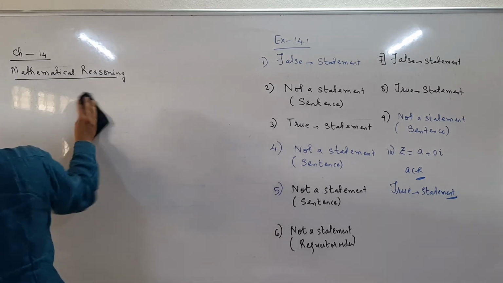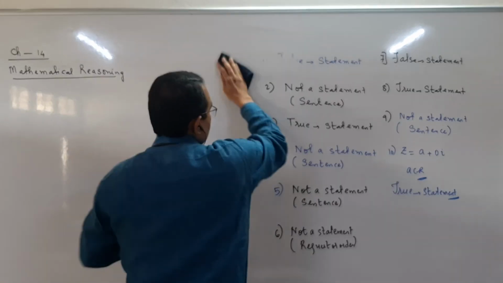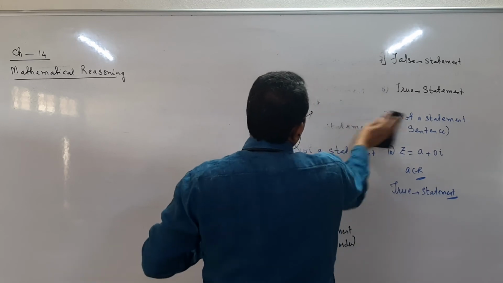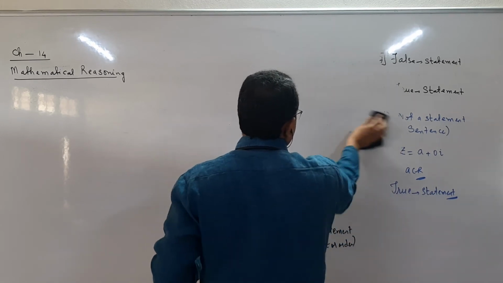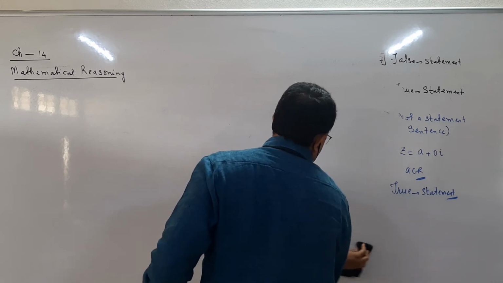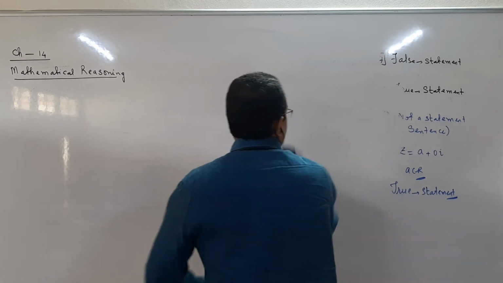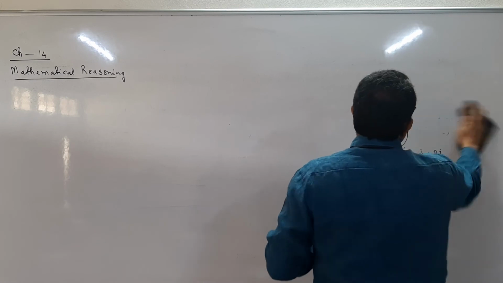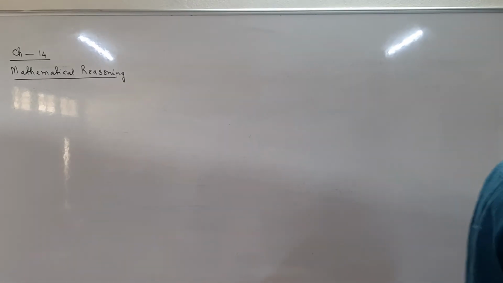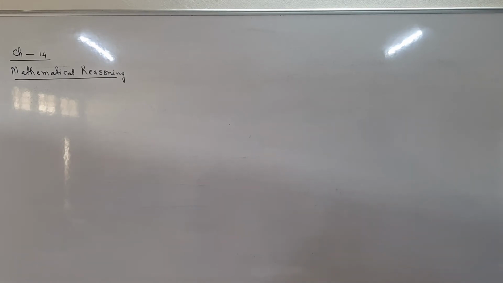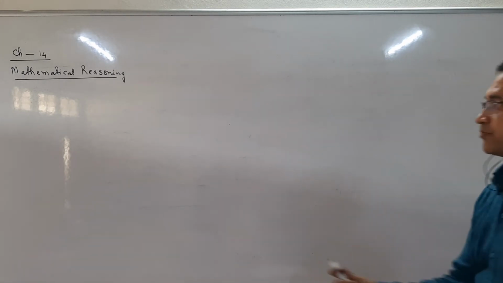Students, the truth value of a statement has 2 possibilities, either true or false. If the statement is true, we write the truth value as T, and if the statement is false, then we write the truth value as F. So T or F are called respectively the truth values of a statement.